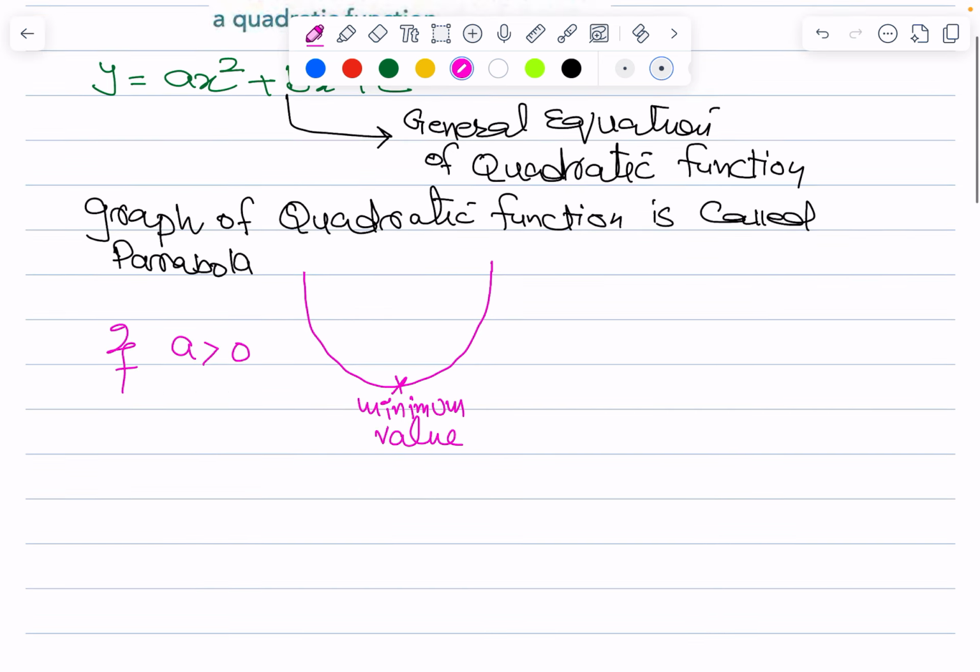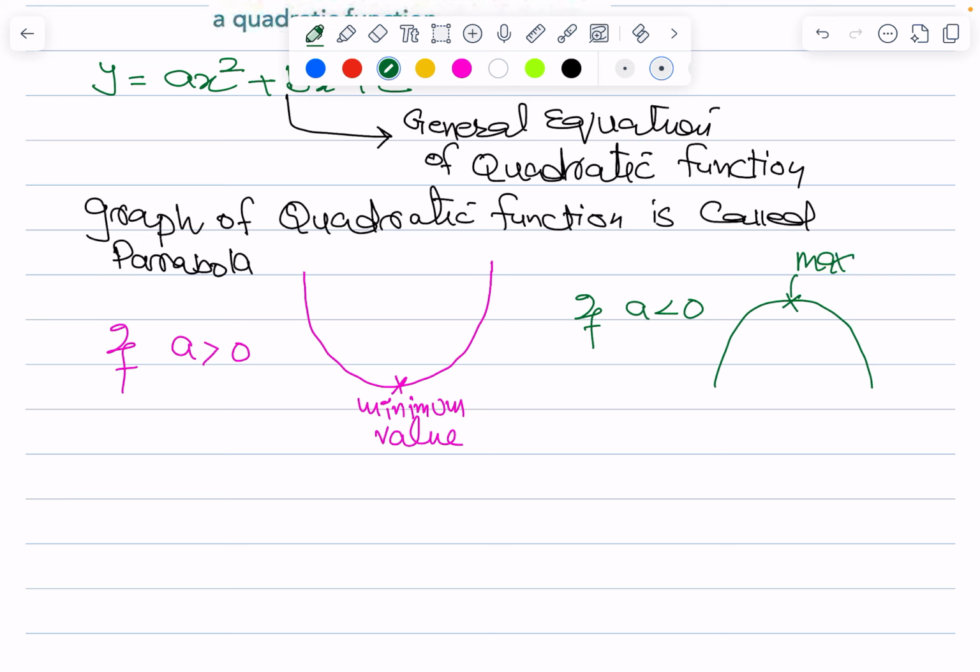And if a is less than 0, we have this kind of graph, and this point is the maximum value.